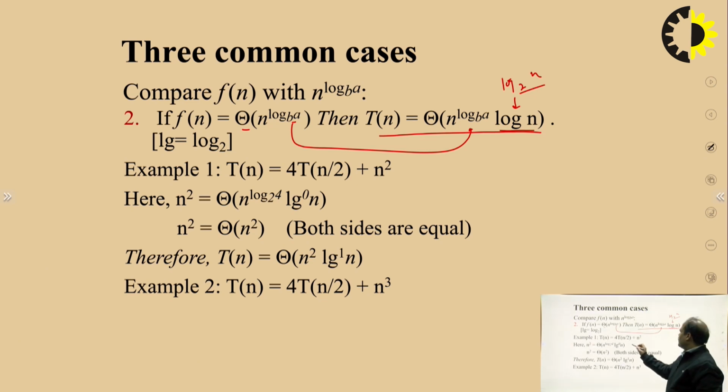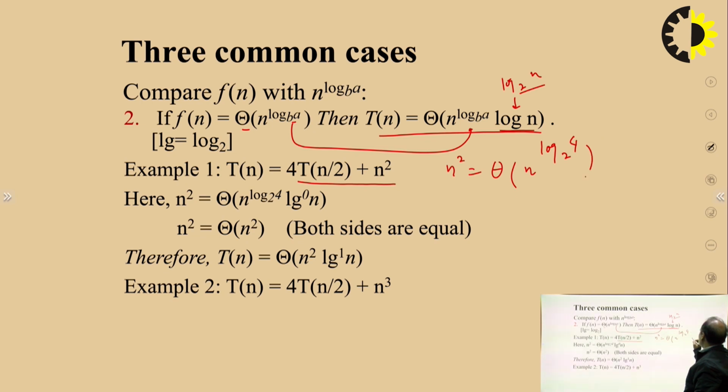So if this is the situation, then we have case 2 of the master method. For example, suppose this is the recurrence relation. Here f(n) is n square, which is theta n to the power log a. a is 4, b is 2. So here n square equals theta n square.